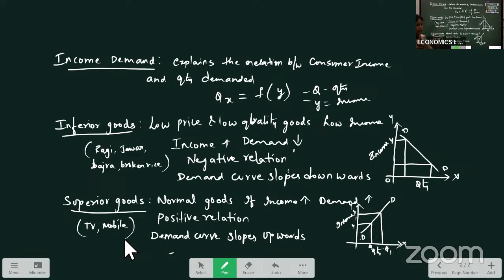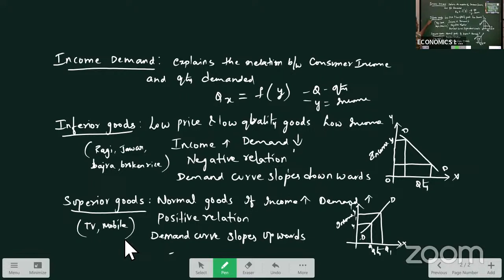Try to understand the concept of income demand. Income demand explains the relation between consumer's income and quantity demanded. Means if consumer's income changes, demand also changes. Now, there are two types of goods, inferior goods and superior goods.